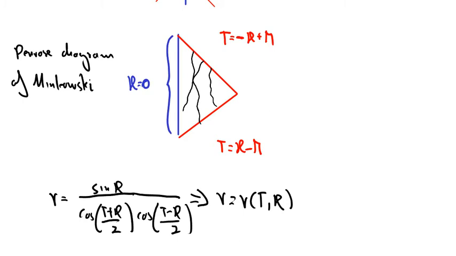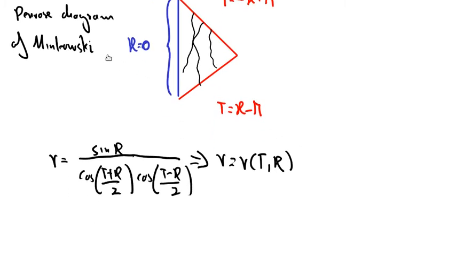Let me show you the computation. We know the explicit values of t, so we can now compute the limit.